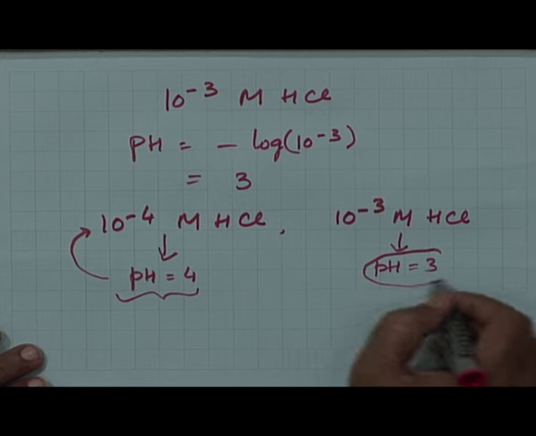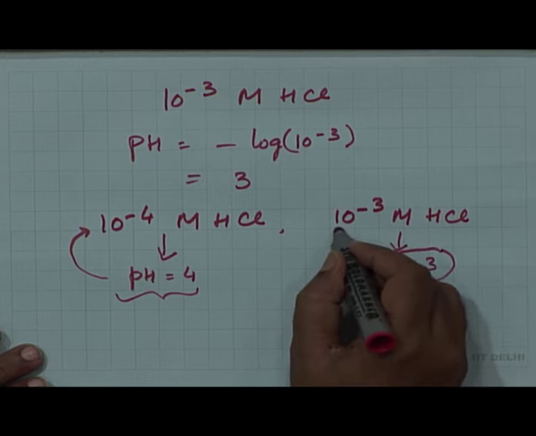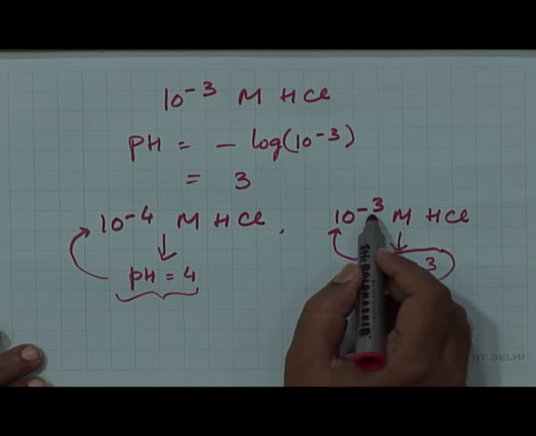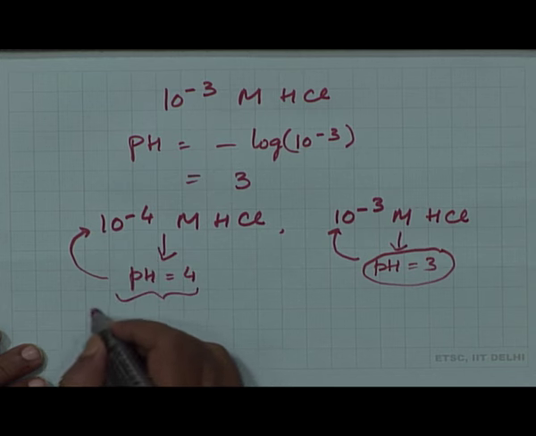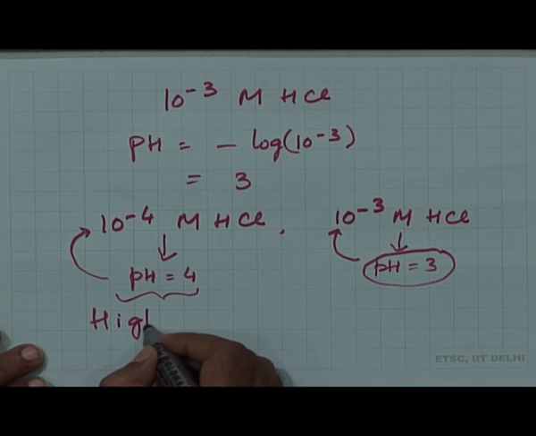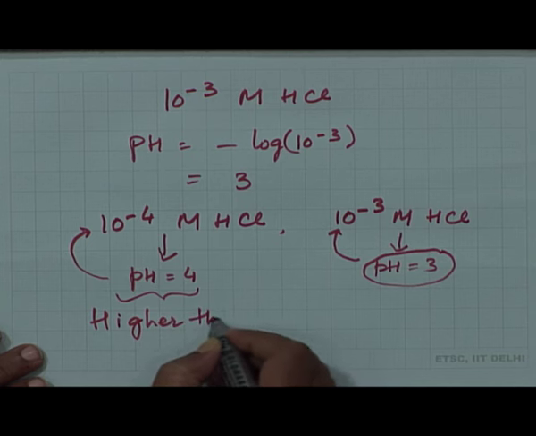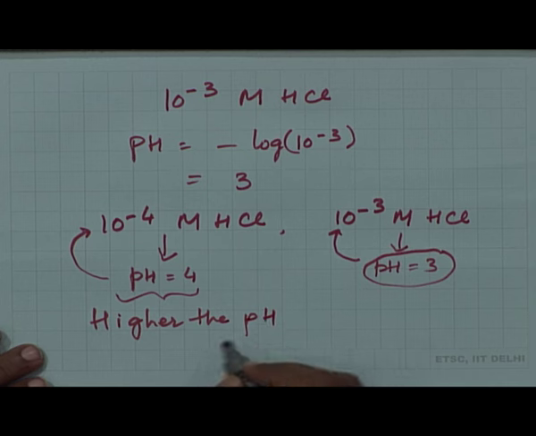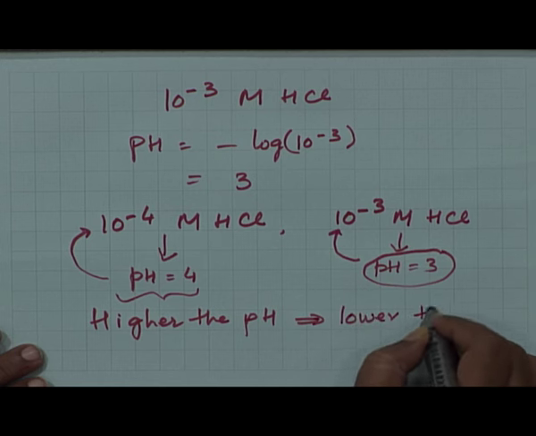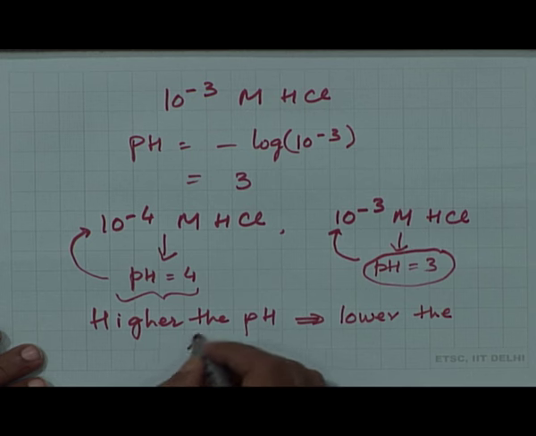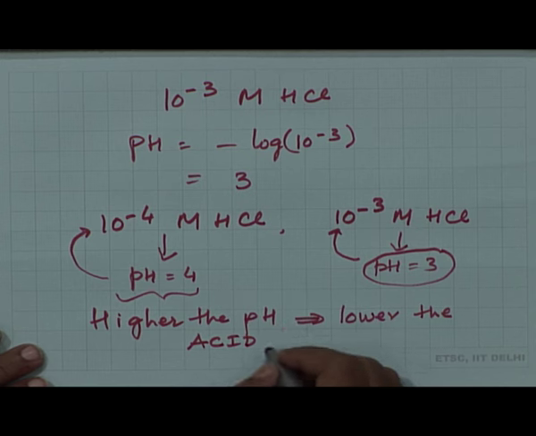Here pH is low, and the concentration of H plus ion, 10 to the power minus 3, is greater than 10 to the power minus 4. So, the higher the pH, the lower the acid strength.